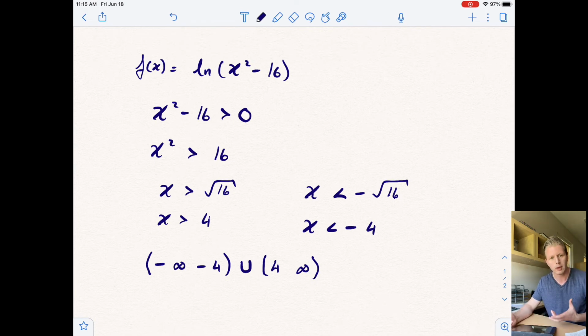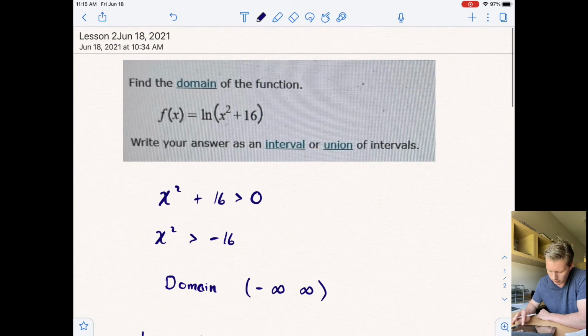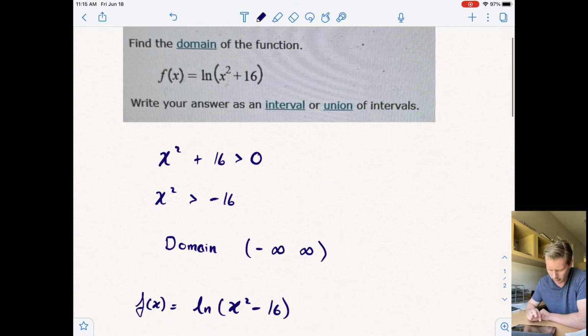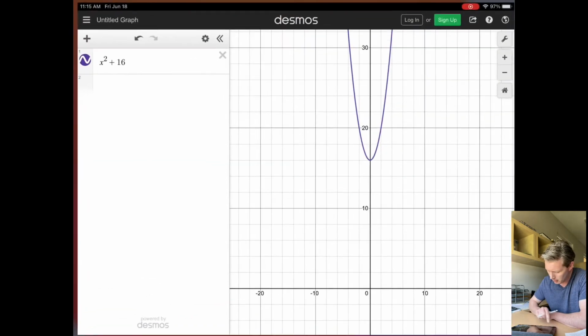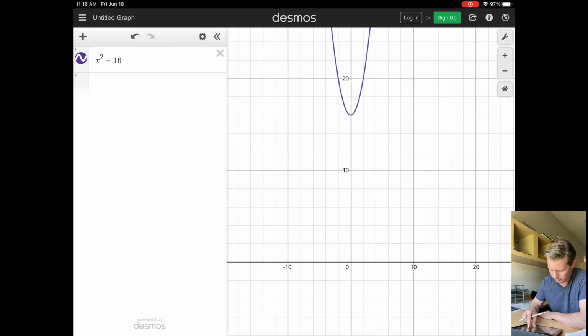So by way of contrast with the previous problem, if you change x squared plus 16 to x squared minus 16, then it's very different. Just to give you a sense of what it looks like graphically, if I graph x squared plus 16 on Desmos, you notice that the function is only above the x-axis.